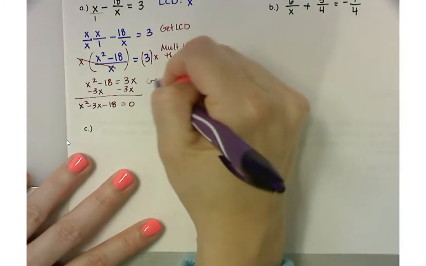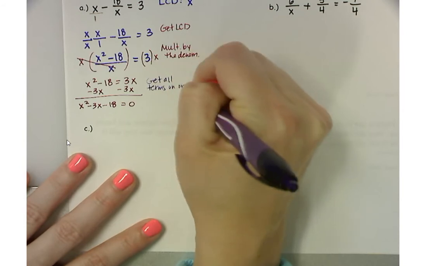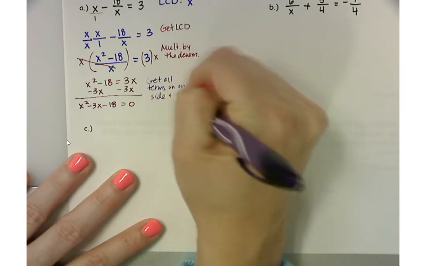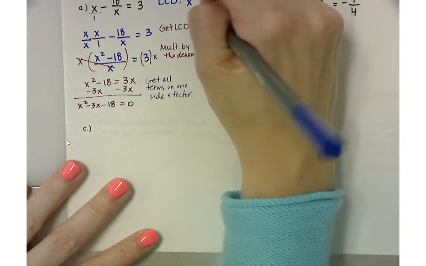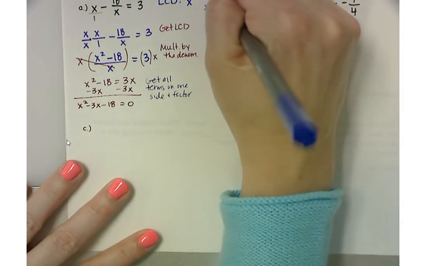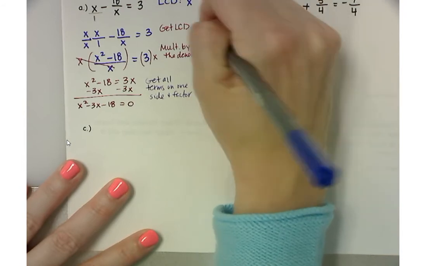Good job. Now I have x squared minus 3x minus 18 equals 0. Hopefully the factoring will go really quick because for 18, we think 6 and 3. So I have a negative 6, positive 3.